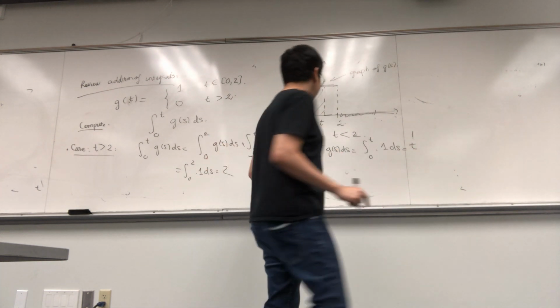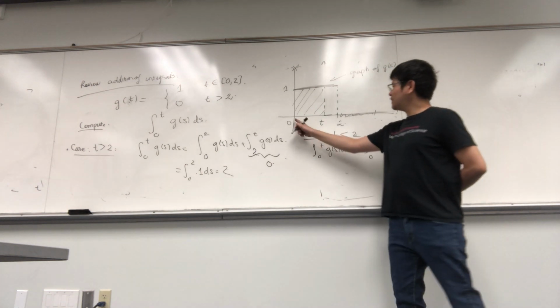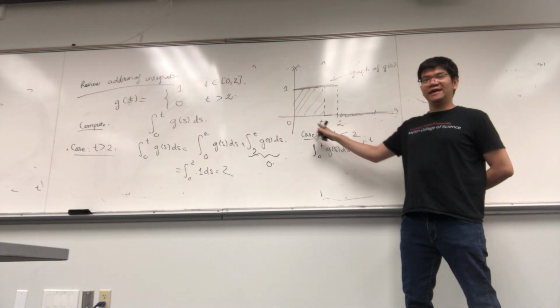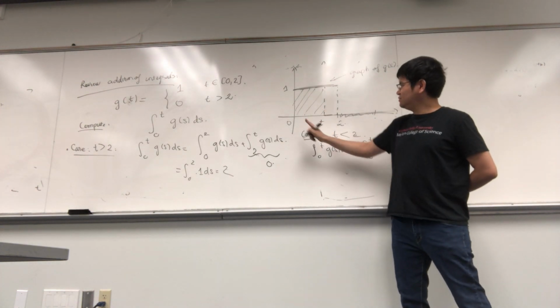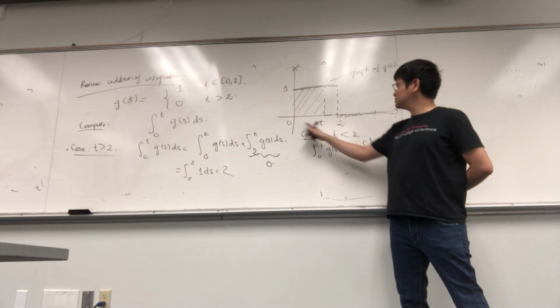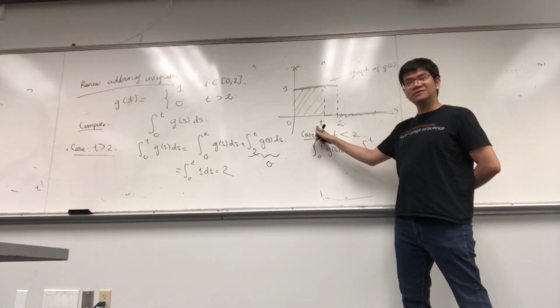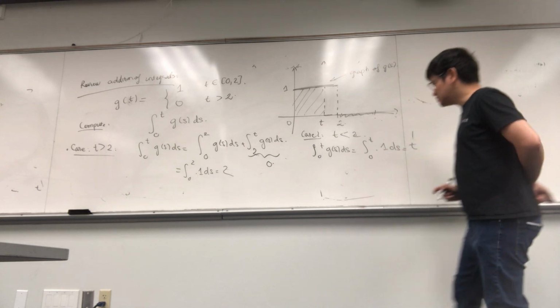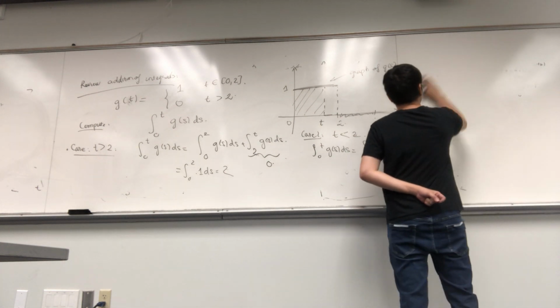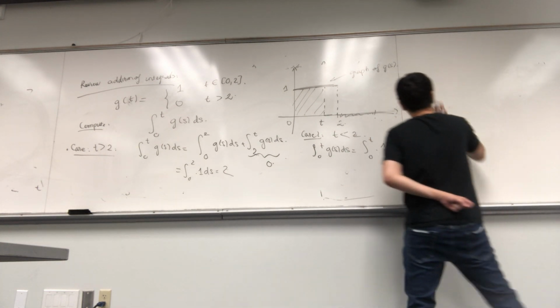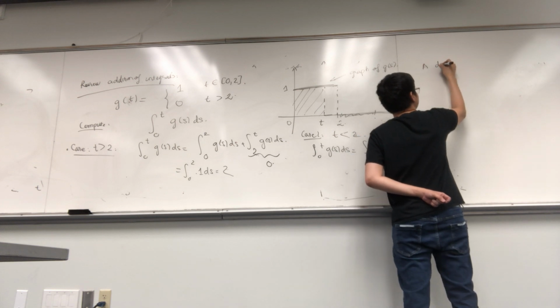Now let me try to subtract, because we know that the integral from 0 to t is this area. So this area is the integral from 0 to 2 minus the integral from t to 2. So by subtracting, a different way to compute.